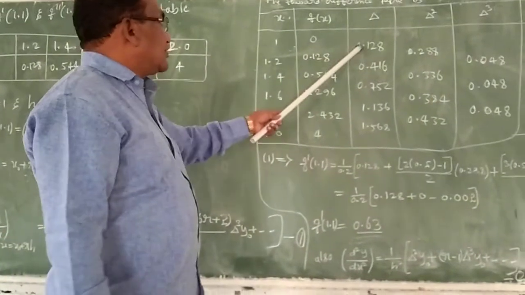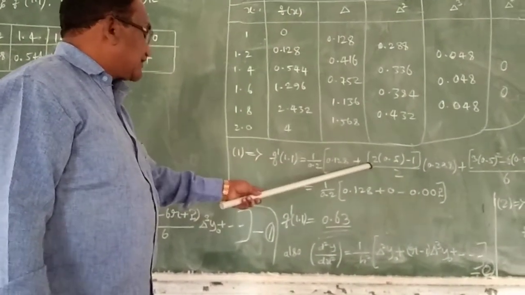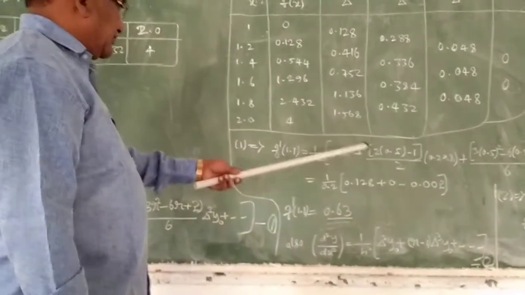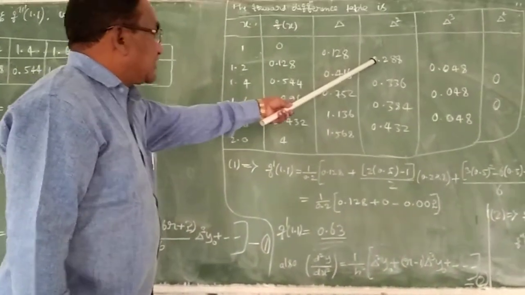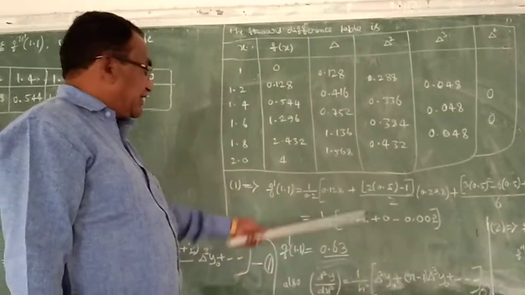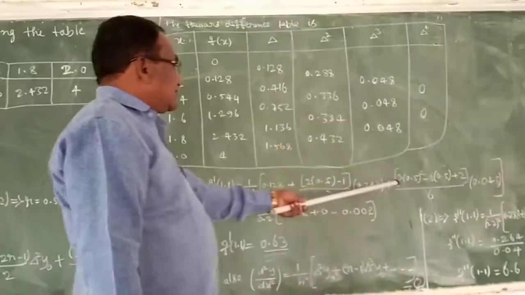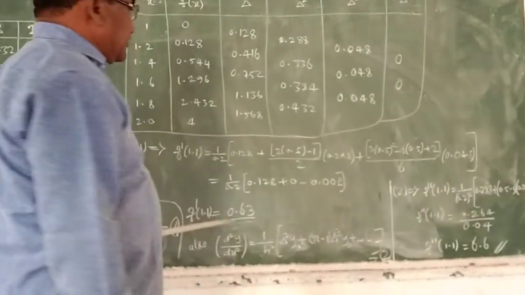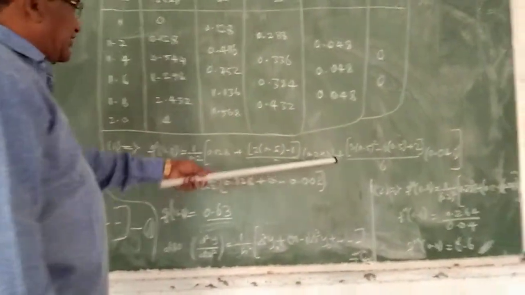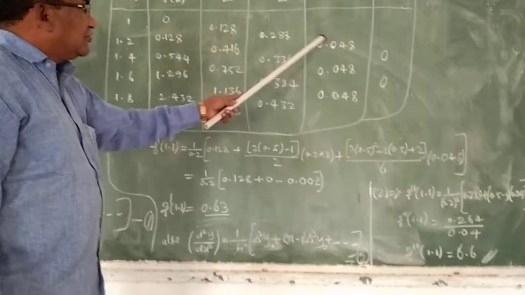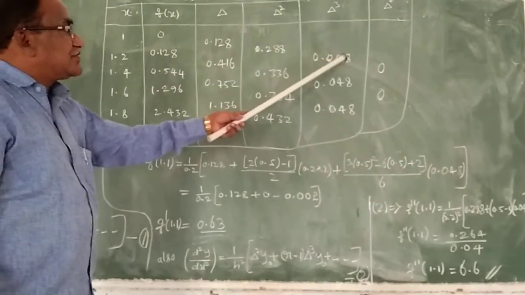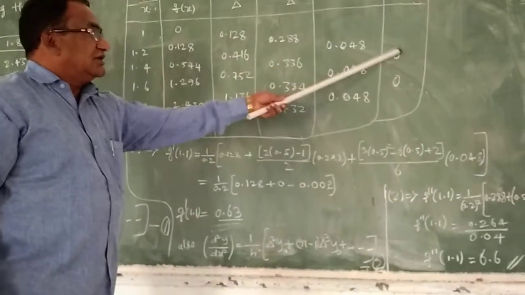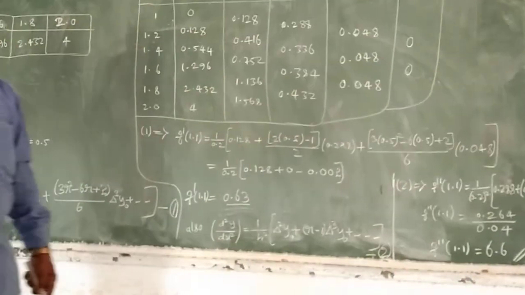Delta y naught is 0.128 plus (2 into r, 0.5, minus 1) divided by 2 into delta squared y naught, 0.288, by 2 plus (3 into r squared, 0.5 whole square, minus 6 into r, 0.5, plus 2) divided by 6 into delta cube y naught, which is 0.048. The process will end here itself because our delta to the power 4 is 0.